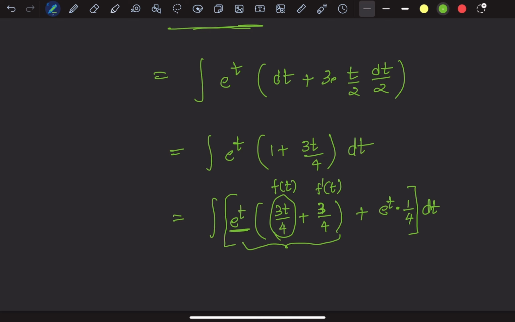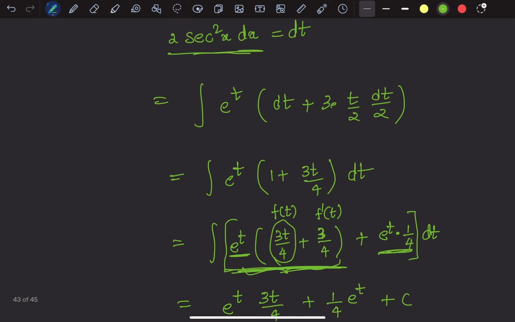So e to the power t multiplied by f of t plus f dash of t, when you integrate it, you will get simply e to the power t f of t. So this whole integral will give you e to the power t multiplied by 3t by 4. Now this integration is simple. So this is simply 1 by 4 e to the power t plus some constant value.